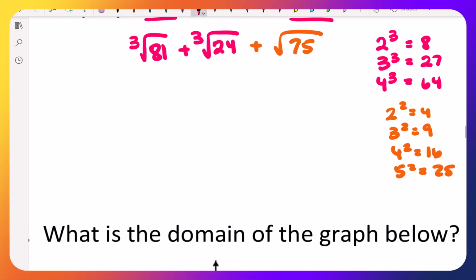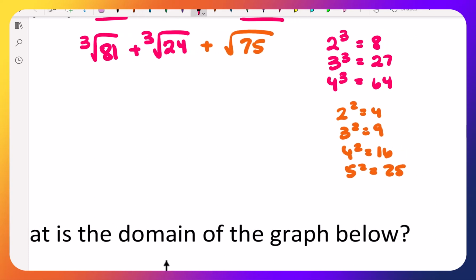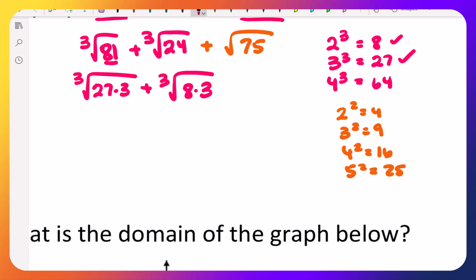If you wanted to simplify these, you can rewrite this 81. I cannot take the cube root of 81, but I know that 81 is 27 times 3. So instead of writing 81, I'm going to put 27 times 3. Now 24, I know that 24 is 8 times 3, so I'm going to rewrite that as 8 times 3. 75, let's look at the orange ones.